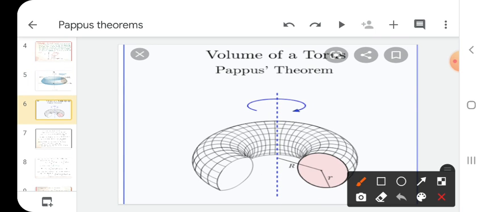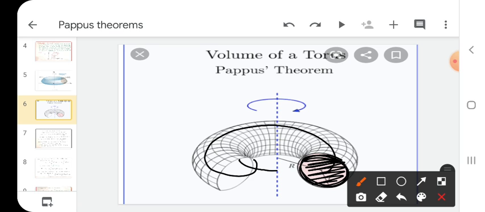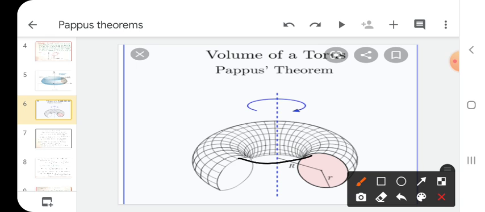The pink colored region denotes a closed plane curve. It revolves about this axis, and like this it completes. When we complete the turn, we get a circle shape, that means a donut shape.